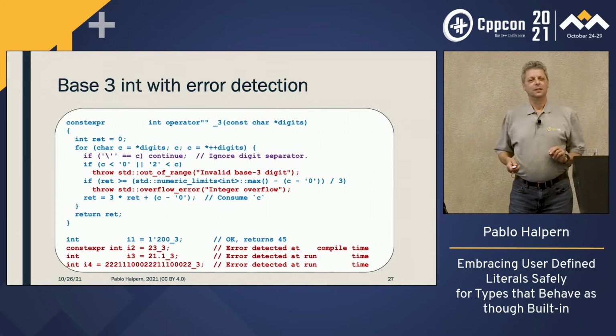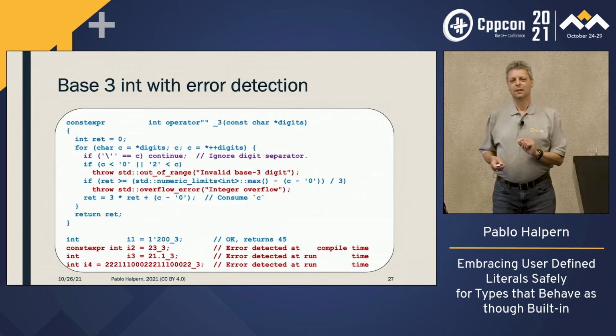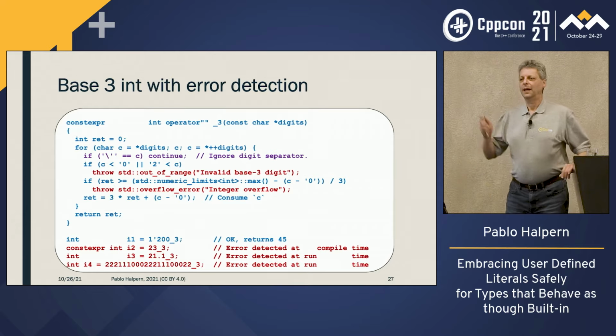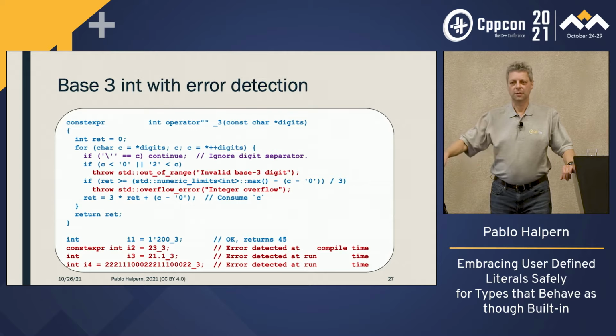The third one is not a constexpr. It has the same problem. It has an invalid digit in there, which is the period. But here, the compiler will not complain. Instead, it'll say, oh, I cannot evaluate this at compile time. I'm going to defer to runtime. And so you will get a runtime error. Not ideal. Same with the overflow case.